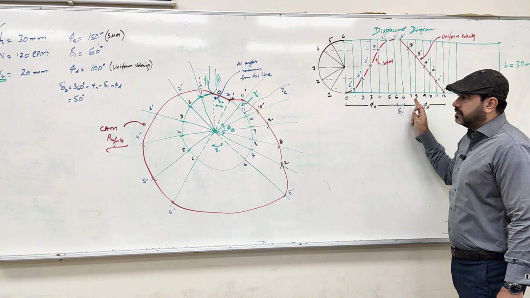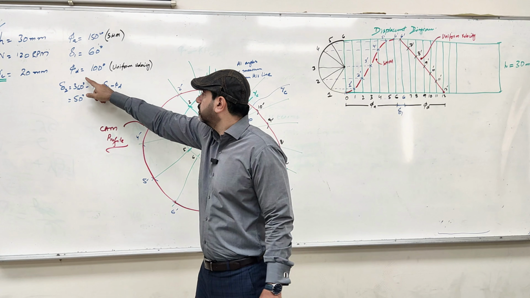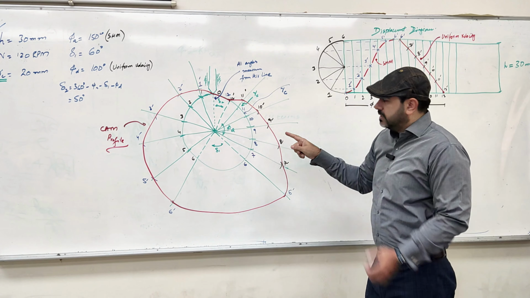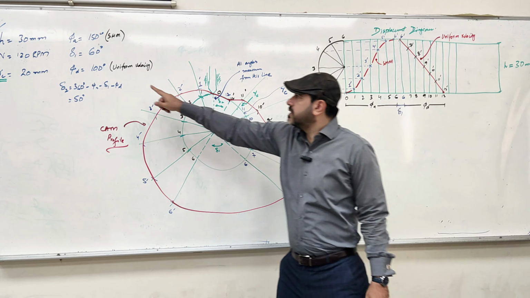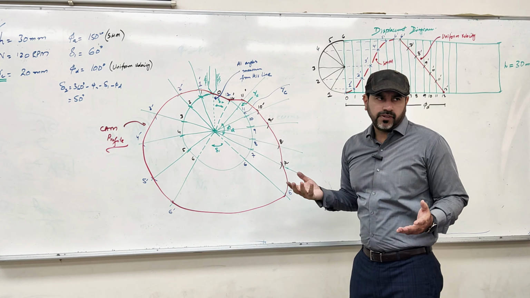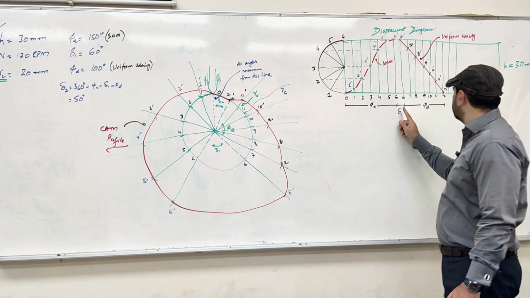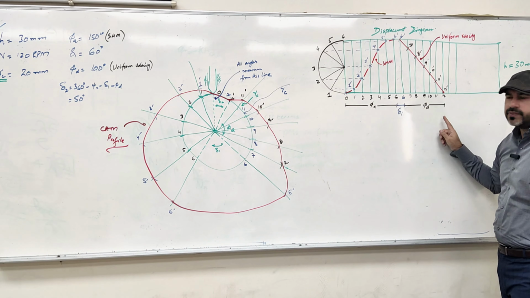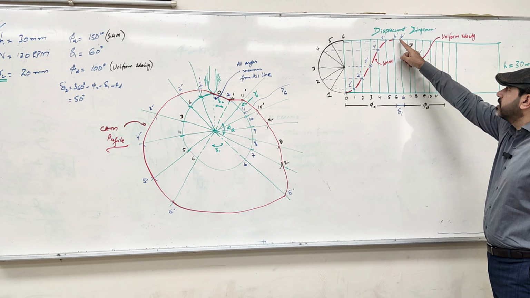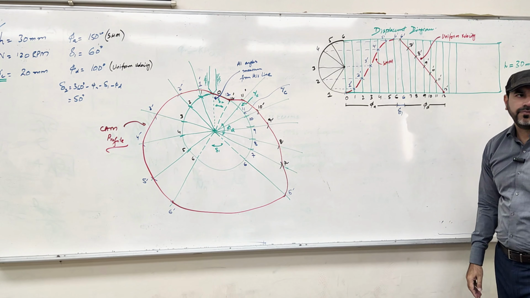Then we have a dwell, then we have this descent or going down. In that case, we have 100 degrees, we already have 100 degrees over here. Since it is not a simple harmonic motion, it's a different case, uniform velocity, so we can use a different number of divisions. Okay. We decided to have 6, so we divide this 6 over here and 6 over here. Because it's a uniform velocity, we draw the straight line from the start point to the end point, and we get all the references there.